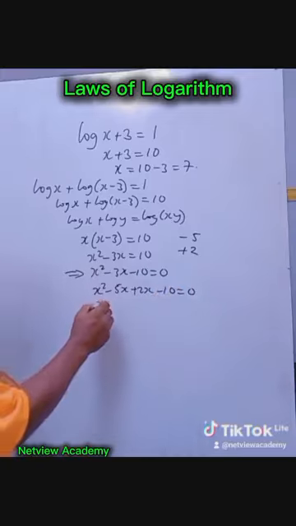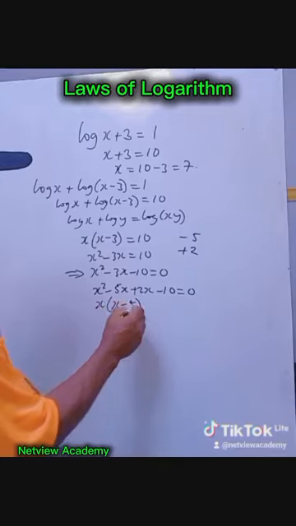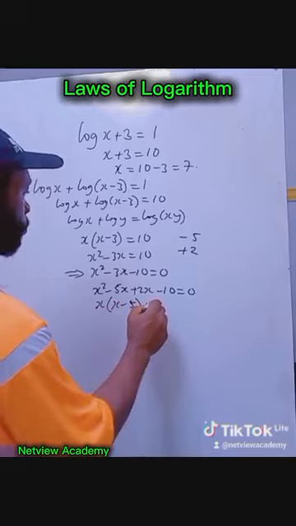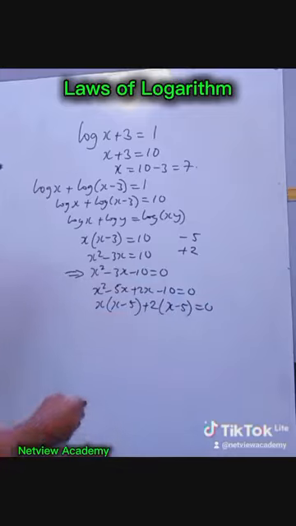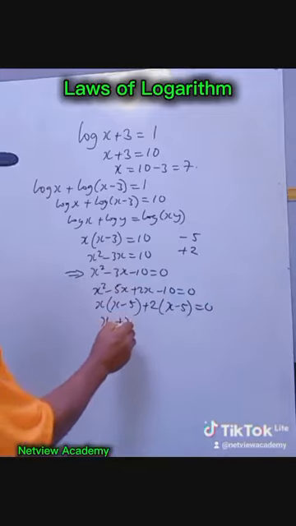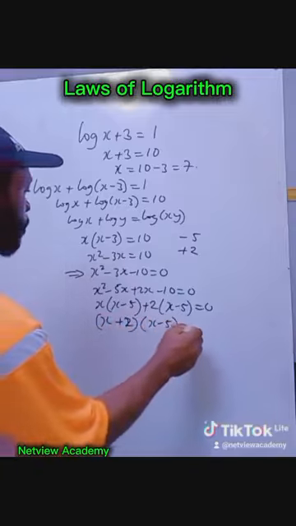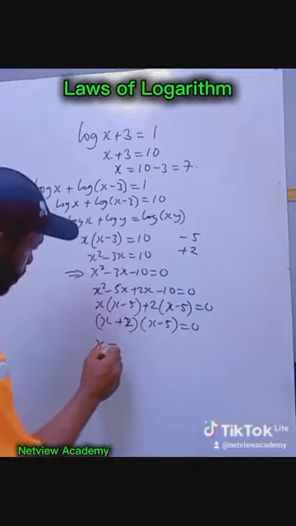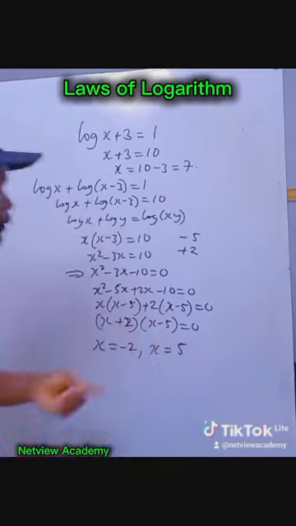And it's the same thing as x times x minus 5 plus 2 times x minus 5, which is equal to 0. Therefore, x plus 2, x minus 5 is equal to 0. So the values of x are x is equal to minus 2 and x is equal to plus 5.